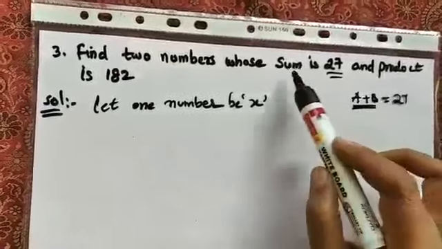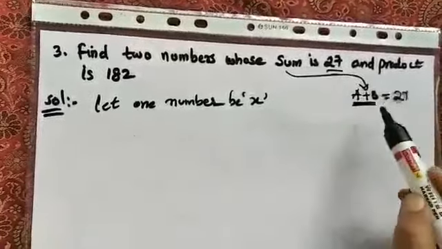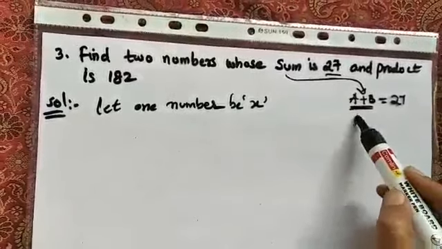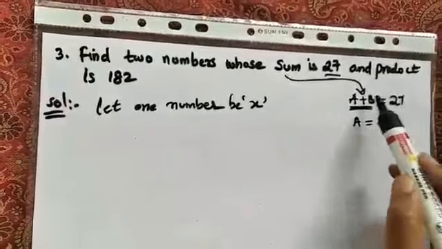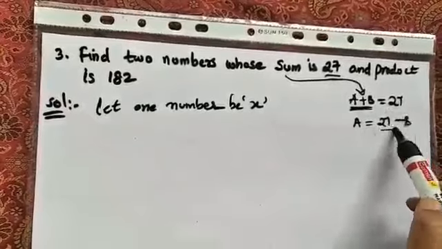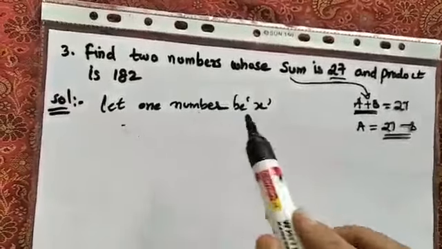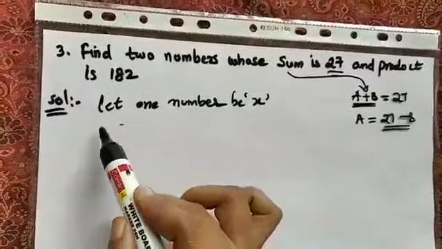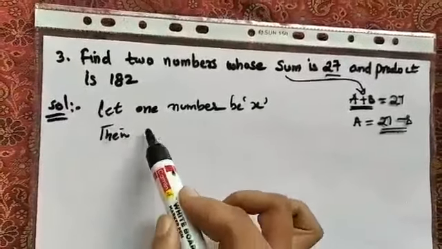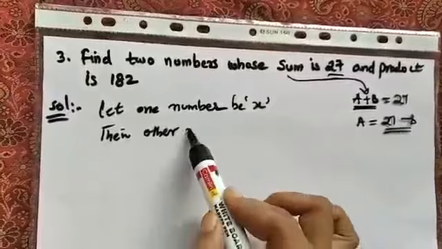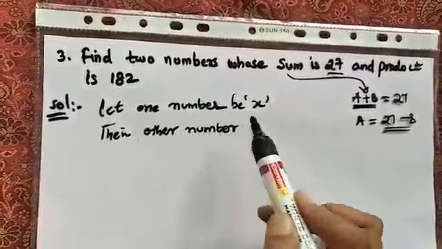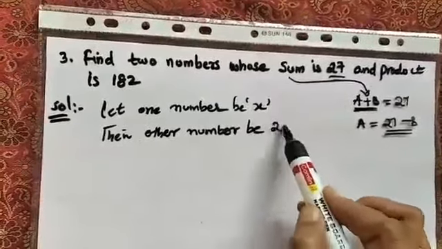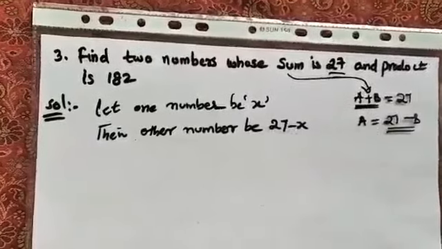Their sum is nothing but the addition. Now, if I say a is something, then the other, b, will be 27 minus a. So if I am saying let one number be x, it means the other number will be 27 minus x. So I am writing: let the other number be 27 minus x.